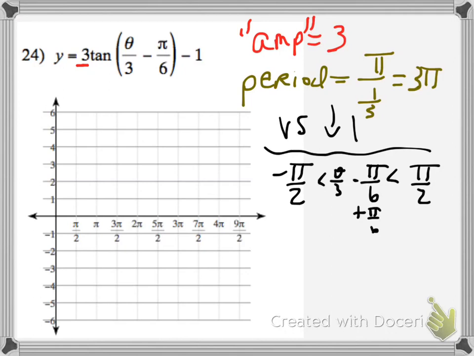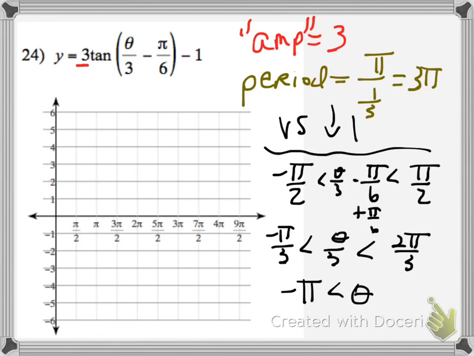So you get negative pi over 3 less than theta over 3 less than 2 pi over 3, and then just multiply each section by 3. So negative pi less than theta less than 2 pi. That's what you got. And you can see from negative pi to positive 2 pi, it is 3 pi, and that is the period.